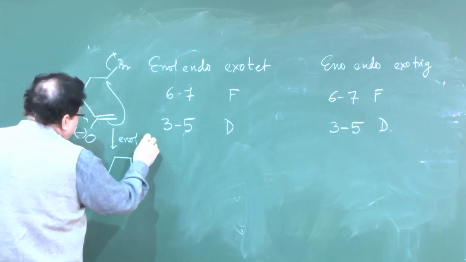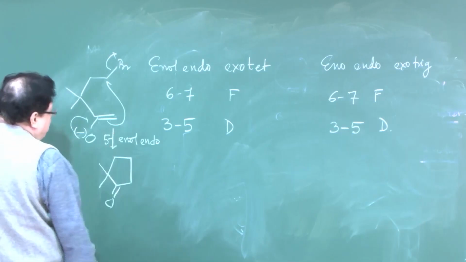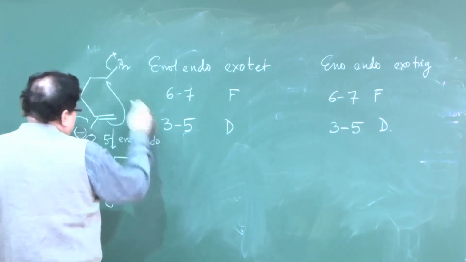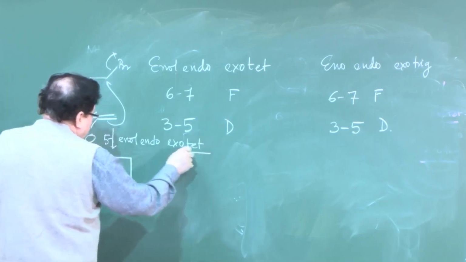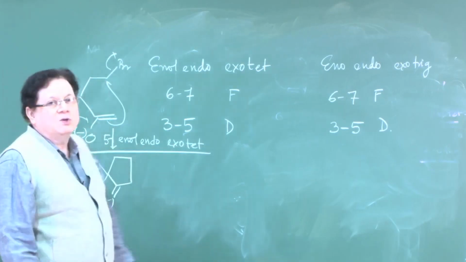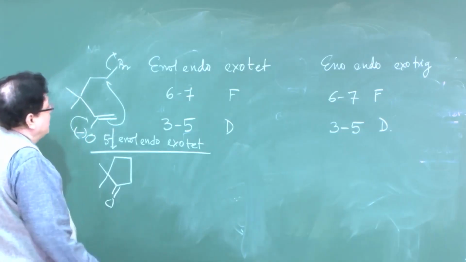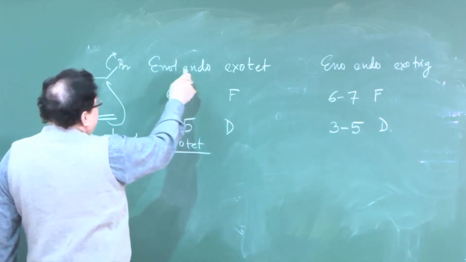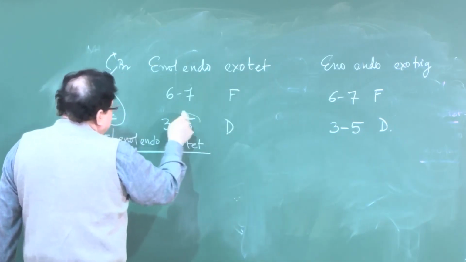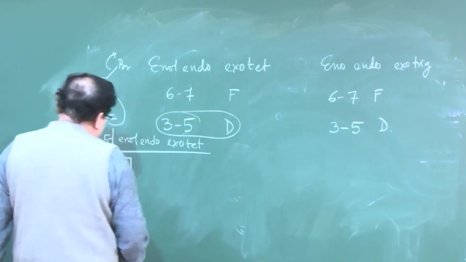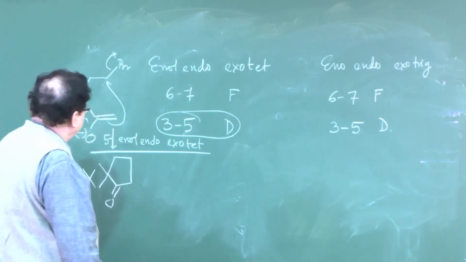So, enol endo, and the size of the ring is 5. So, 5 enol endo exo-tet. Okay. Let us see whether this is allowed or not. What it says, enol endo exo-tet. So, it comes under this, okay, and it says that 3 to 5 is disfavored. That means this is a disfavored reaction. So, this product will not be formed.